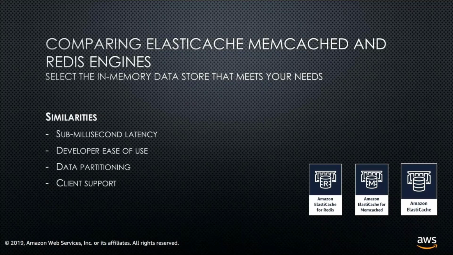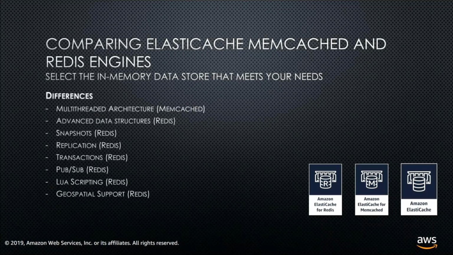Sharding allows you to scale out to better handle more data when demand grows. Both have many open source clients available for developers. These include Java, Python, PHP, C, C++, C#, JavaScript, Node.js, Ruby, and Go.